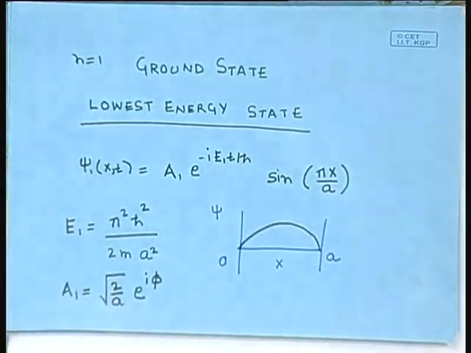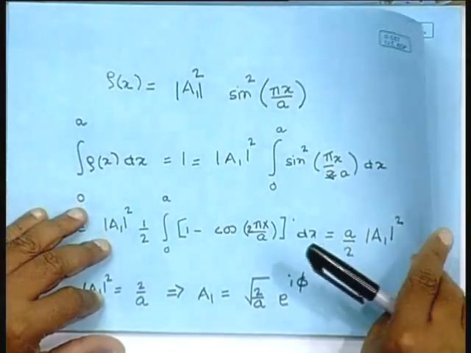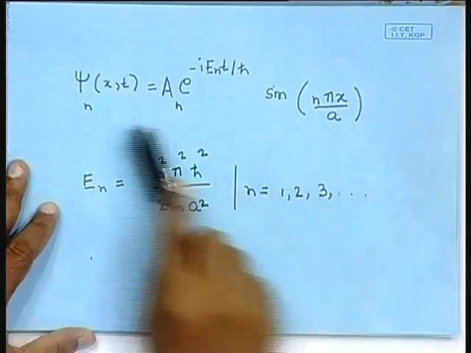So, we have worked out what the ground state of a particle in a potential well is. Now, let us look at the next possible state, that is n equal to 2. So, we are going to now look at the solution to the wave function for n equal to 2, and this is the general expression.